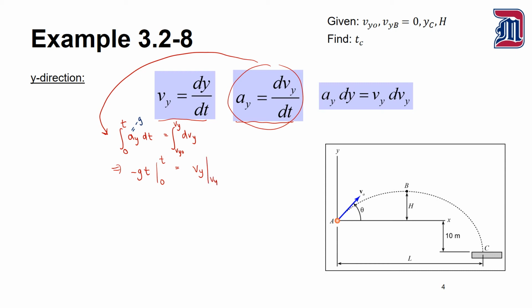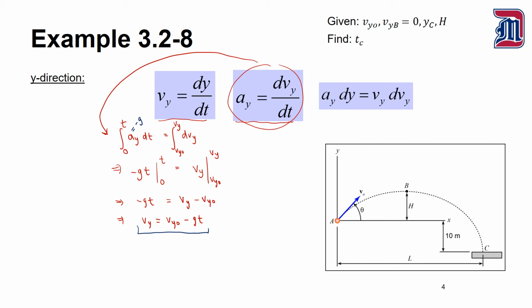And we evaluate it between the initial velocity and some variable final velocity. And so on the left, I have minus g times t. On the right, I have v sub y minus v sub y 0. If I rearrange, I can add the v sub y 0 to the other side. And there I have an expression for the y component of the velocity throughout its flight as a function of time.